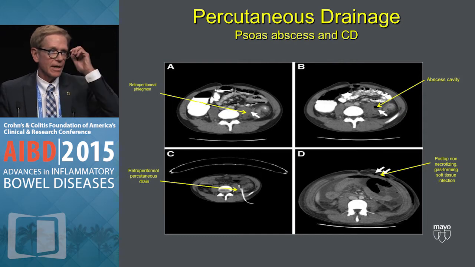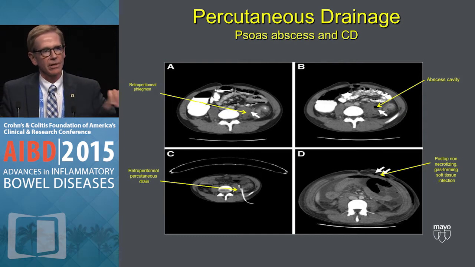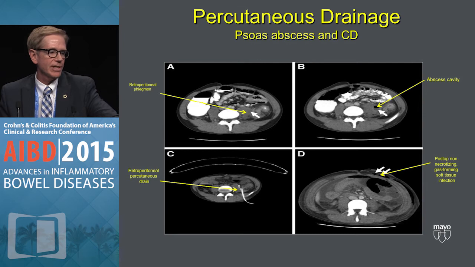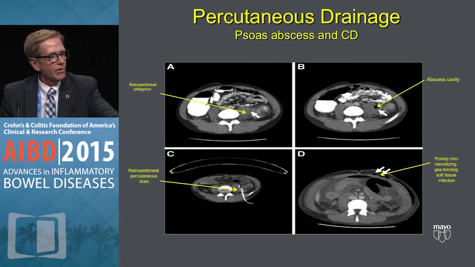So let's look at a typical progression to percutaneous drainage of a psoas abscess. Here's a retroperitoneal phlegmon, and you can see it here, progressing to an abscess cavity with gas here. And as you see on slide C, there's percutaneous drainage of that abscess.